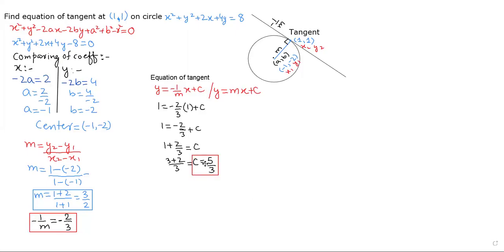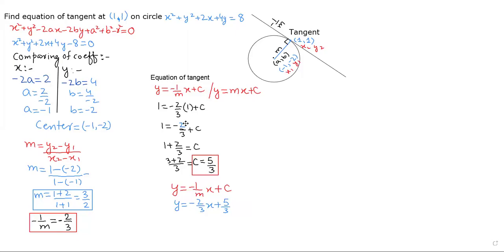Now what I'm going to do is plot it back over here, with the value of c but not the values of y and x, to get my final answer. So let's put in the values: y equals minus 1 over m x plus c. So y will remain y. Minus 1 over m was minus 2 over 3, x plus c, which is coming 5 over 3.